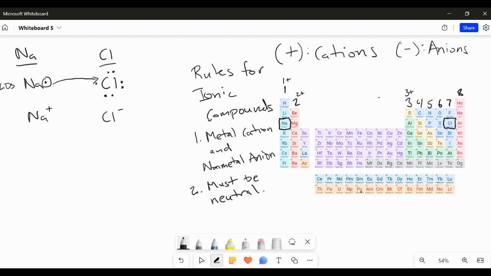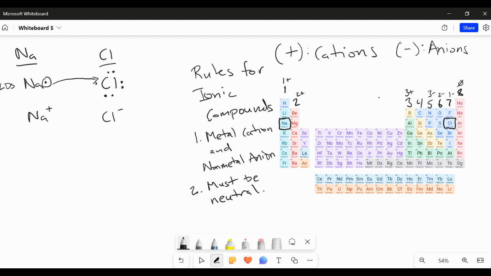We're going to skip the group 14 elements right here because the octet rule says that these could either gain or lose because it's equally distant from both 0 and 8, so we're going to skip these. All these in group 15, because they have 5 valence electrons, are going to have a -3 charge, and then the pattern basically just holds. 6 is -2, 7 is -1, and then these ones have a 0 charge because they don't want to form ions. The octet rule says they're already stable with 8 valence electrons, so they're going to stay right there.